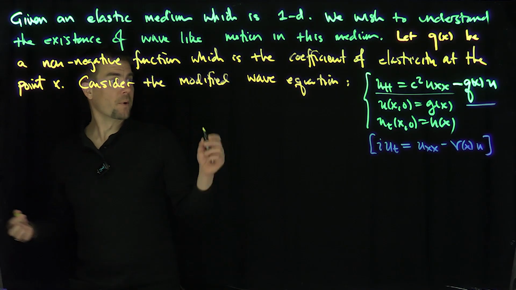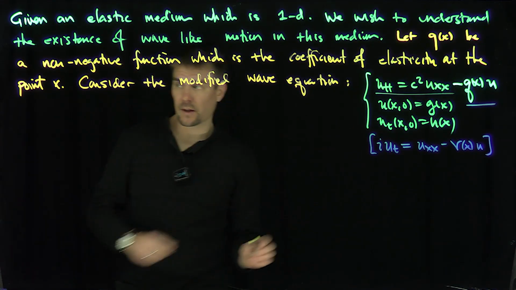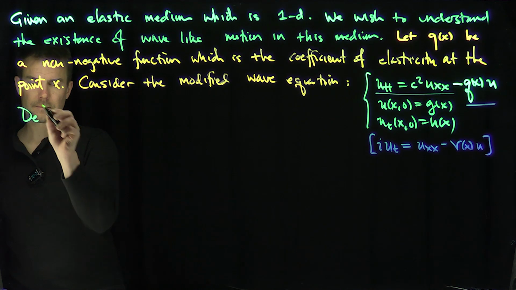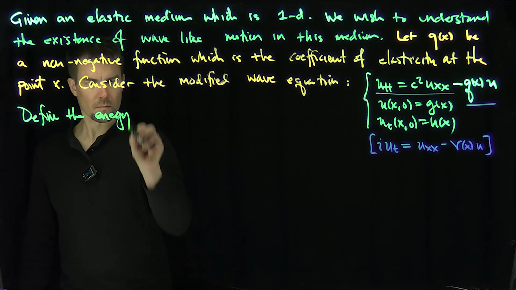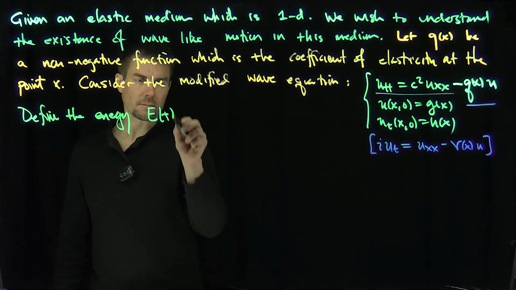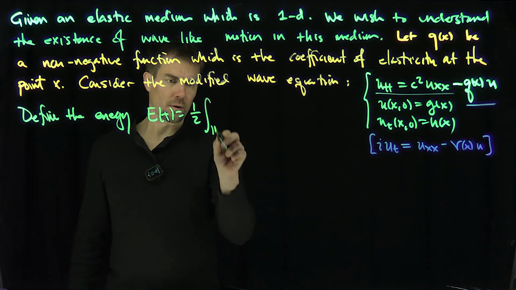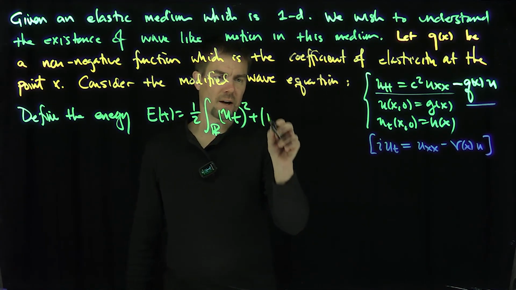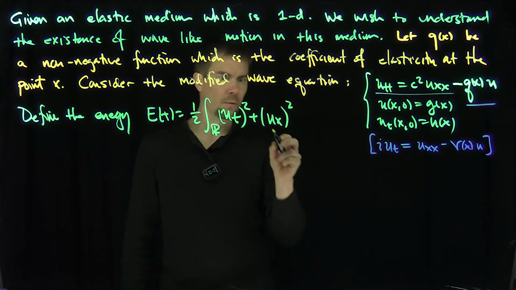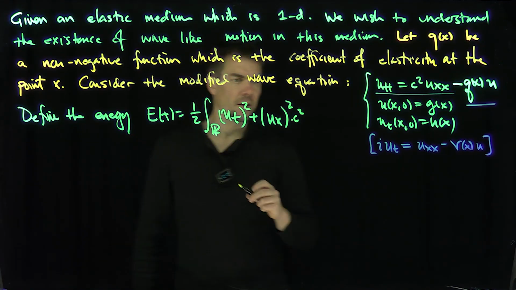Okay, excellent. So now what we want to do is we want to analyze this thing, and I want to ask questions, but what we can easily say is we're going to consider an energy for this. So let's define the energy E of t, which is 1/2 the integral over R of ut squared plus c squared ux squared, I need a c squared there. And then I need a what?